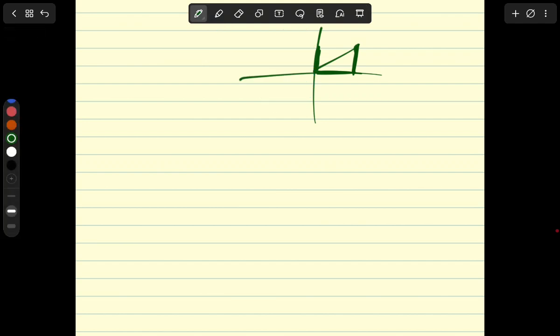Now don't memorize the sentence, understand why quadrant 1 has all positive, quadrant 2 has only sine positive, quadrant 3 only has tan positive, because as you can see, this is negative, this is negative, and this is positive. So sine is a ratio of this side and this side, so negative. Cosine is a ratio of this side and this side, hence negative.